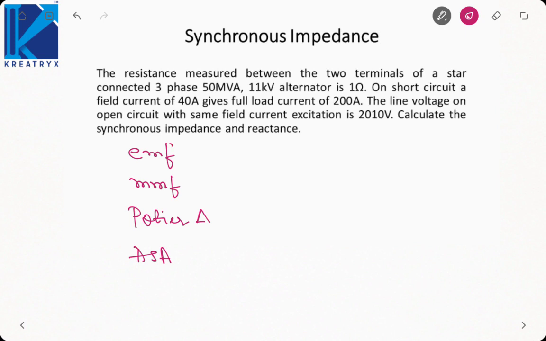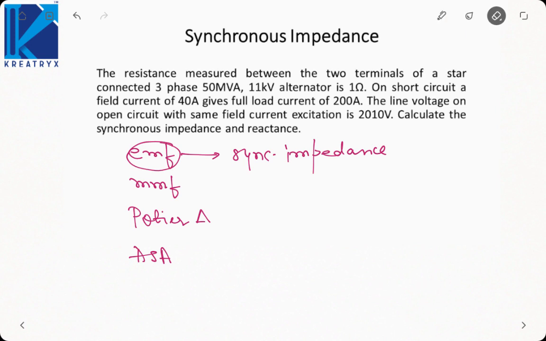But among these, the EMF method is most important pertaining to previous year GATE questions which have been asked, because it helps you to find the synchronous impedance, which later on helps us to find the voltage regulation. So from the GATE point of view, this method is most important, the others are not that significant.